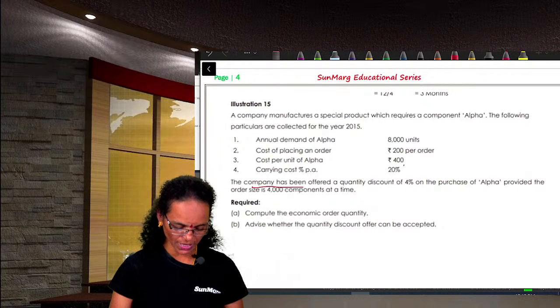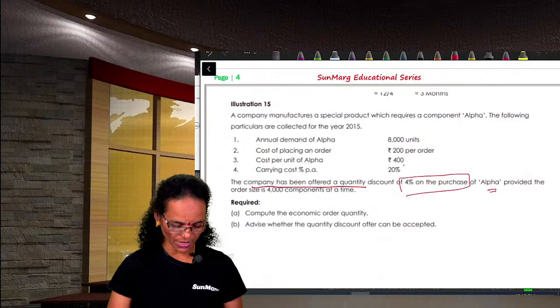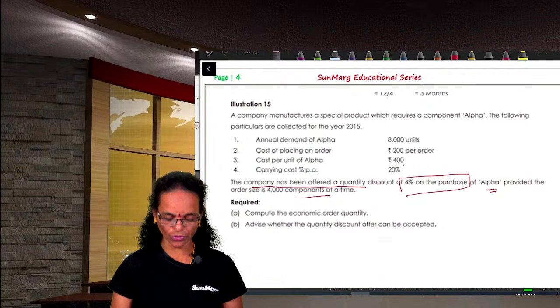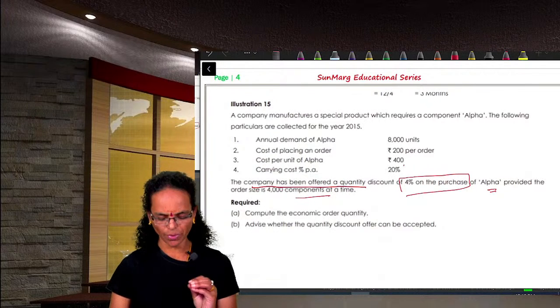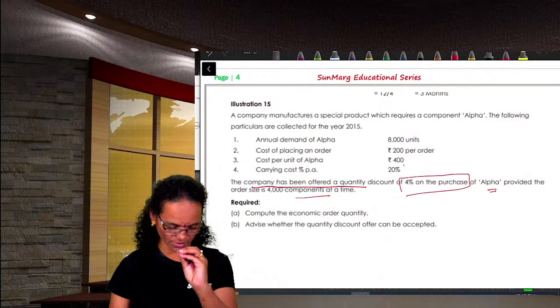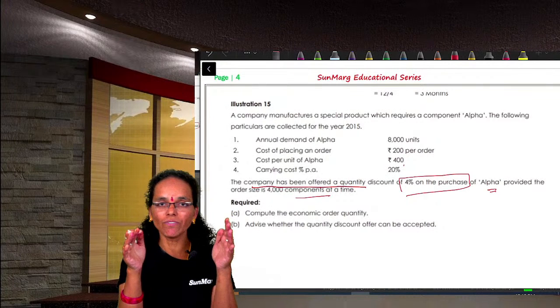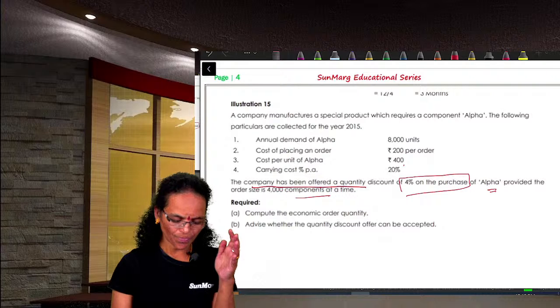Next, the company has been offered a quantity discount of 4% on the purchase of alpha, provided the order size is 4,000 components at once. It means simply the supplier is saying that if you purchase 4,000 components in a single go, I will give you 4% as a discount.